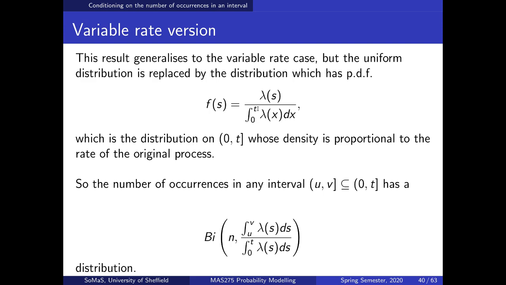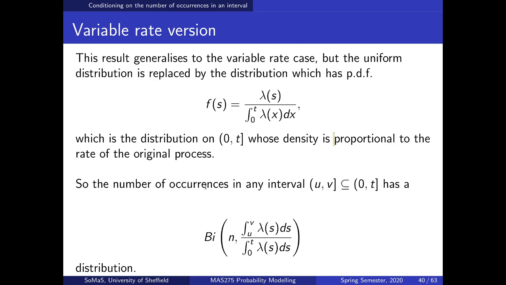It's the distribution with density proportional to the rate of the process, which makes sense. If I told you that buses were way more common around 12 than around midnight, and I told you exactly one bus arrived that day, then it would be more likely that that bus arrived around noon than around midnight. So that's the idea behind this.